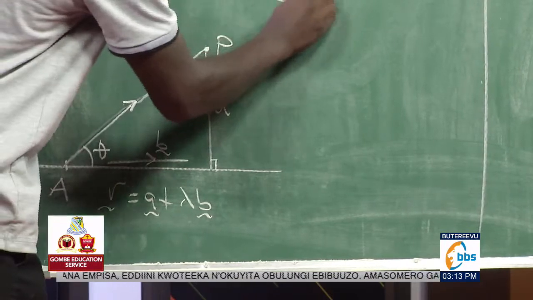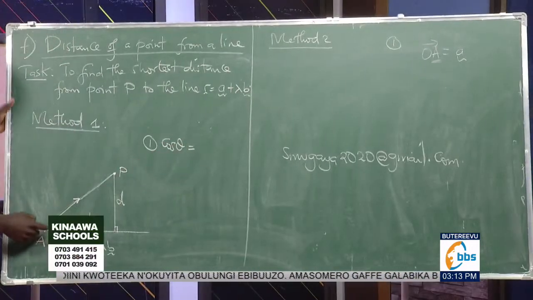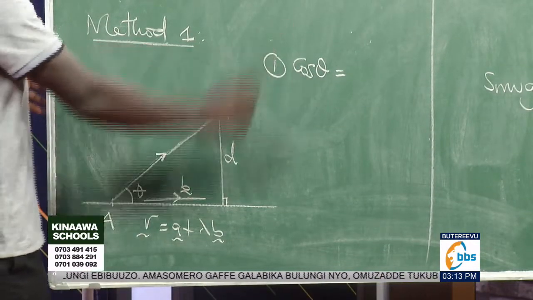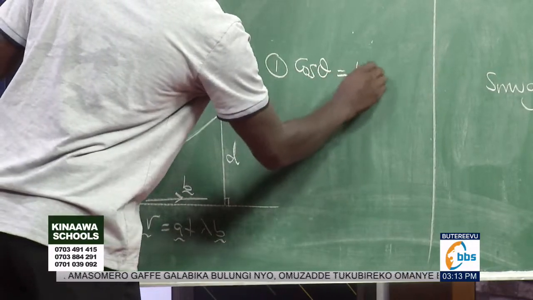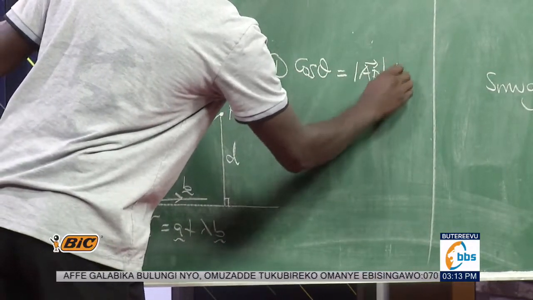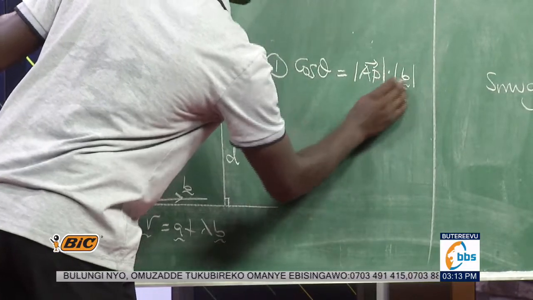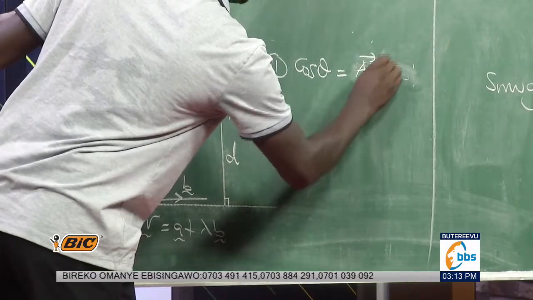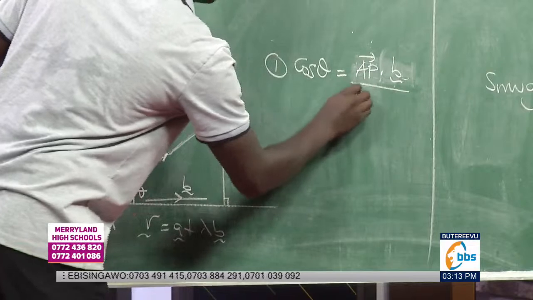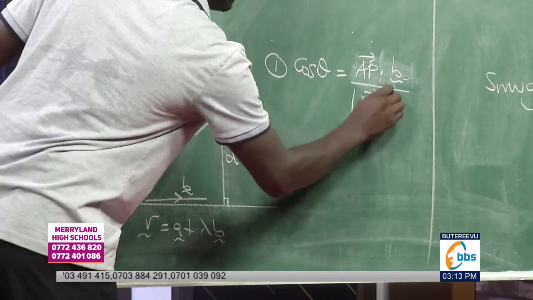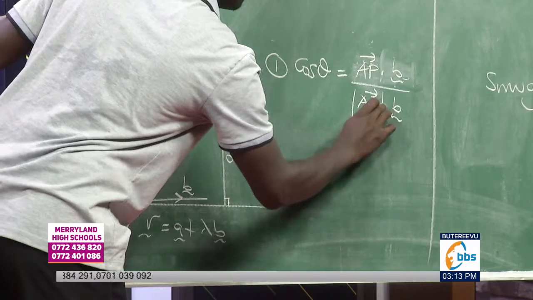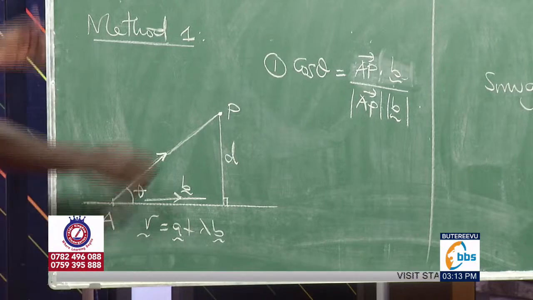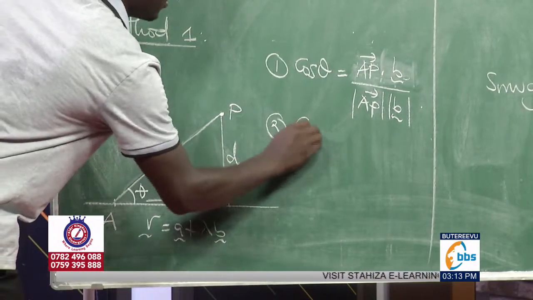So one, we know that cos theta, where theta is the angle between this vector AP and the vector B, using the dot product, is going to be AP dot B, over the magnitude of AP times the magnitude of B. So after getting the cosine of theta, you can now also get sine theta.